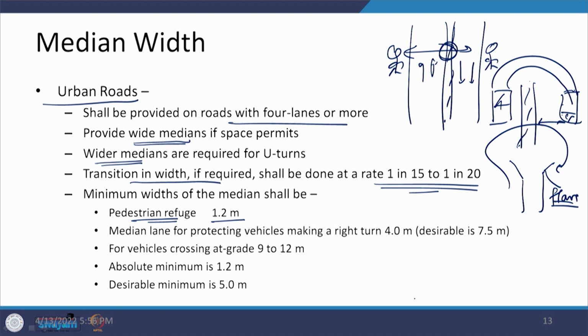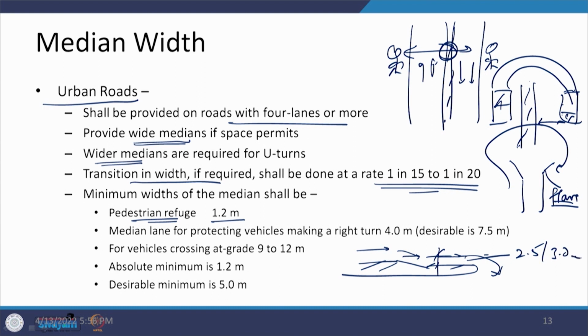What does that mean? It says that you are coming here. If there is a vehicle which is coming from this side and takes here and is going to take a right turn, we are providing a space here for that vehicle to be stopped, which can be say 2.5 or 3 meters wide.